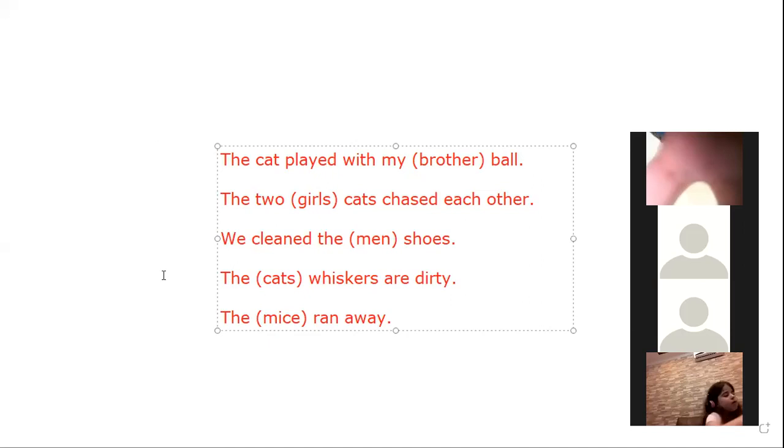Okay, Nurhan, please write the sentences and change them to a possessive noun. We put the apostrophe before the S when it's singular, and we put the apostrophe after the S when it's plural.